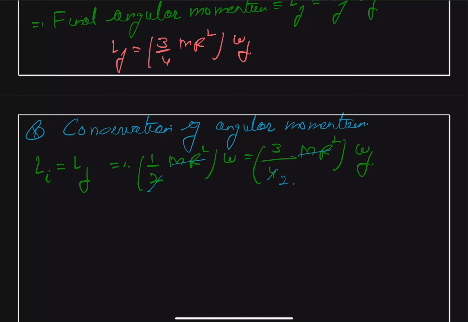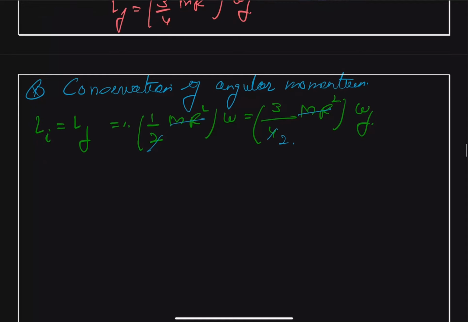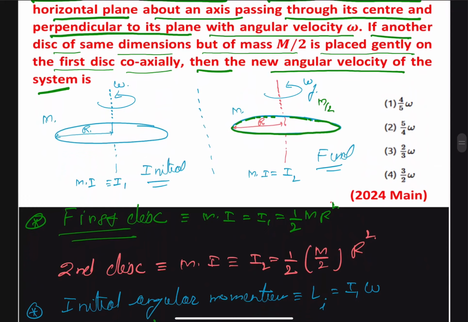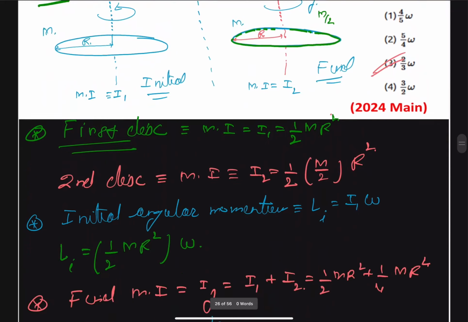Therefore, we get that our final angular velocity is equal to 2/3 omega. So we get this as 2/3 omega. Option number 3 is correct.